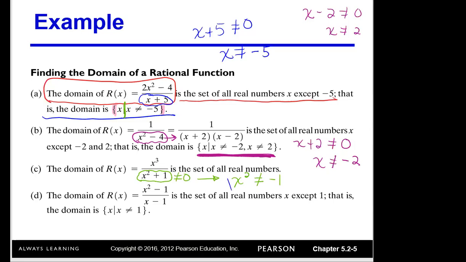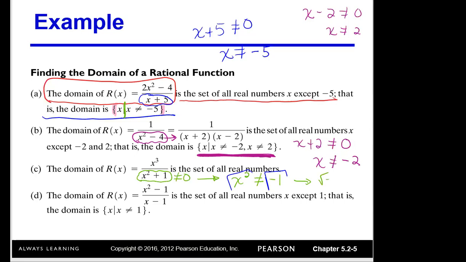And then if you try to square root to solve for x, guess what? You have just gone to imaginary land, which means there is no number that will ever cause the denominator to equal 0.